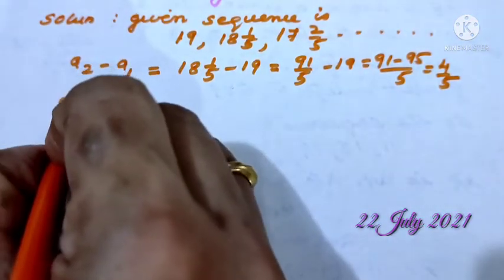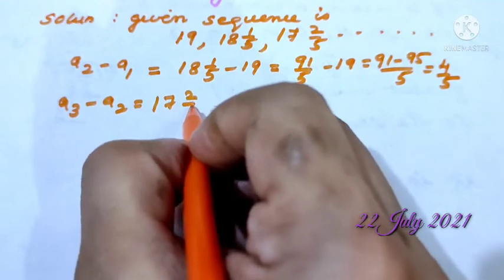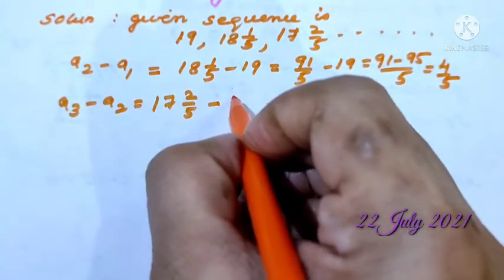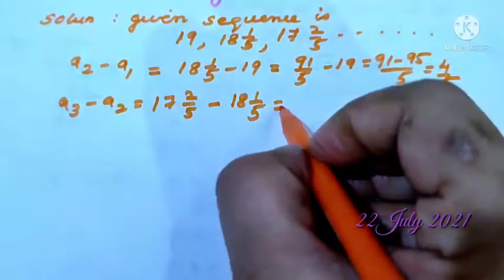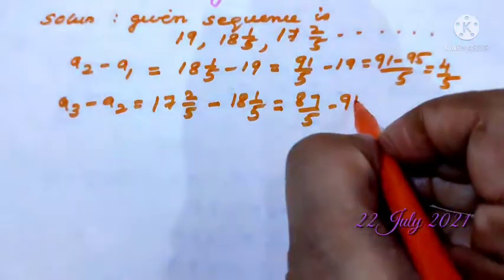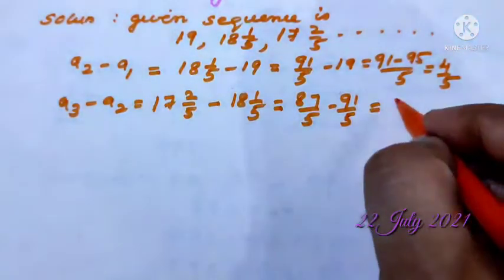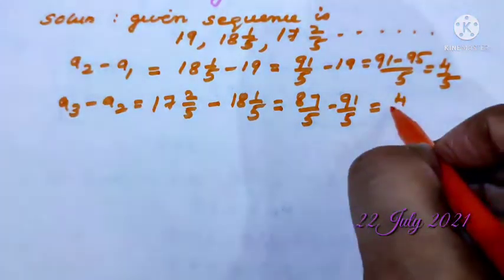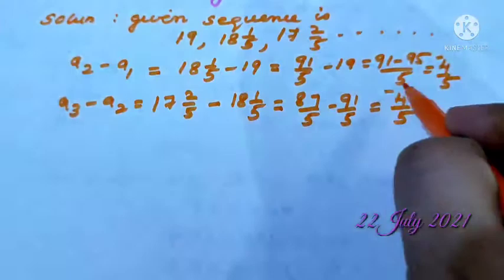Now A3 minus A2, that is 17 integer 2 by 5, which is 87 by 5, minus 91 by 5, so minus 4 by 5 we are getting.